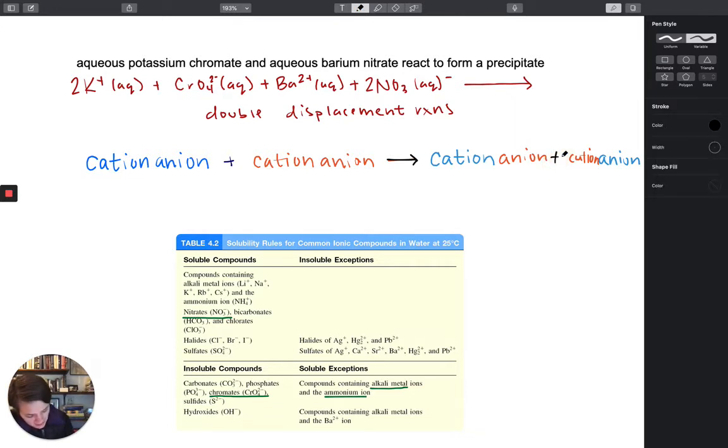So what's happened here is these species were always separate in solution. So really we had cation plus anion plus our cation and anion of our other pair. And when they were in separate containers, that was fine. They were just floating around, separate ions, nothing doing except they can conduct electricity, which is pretty cool.